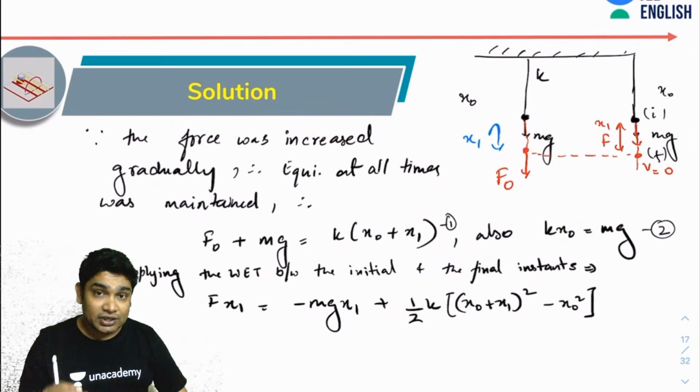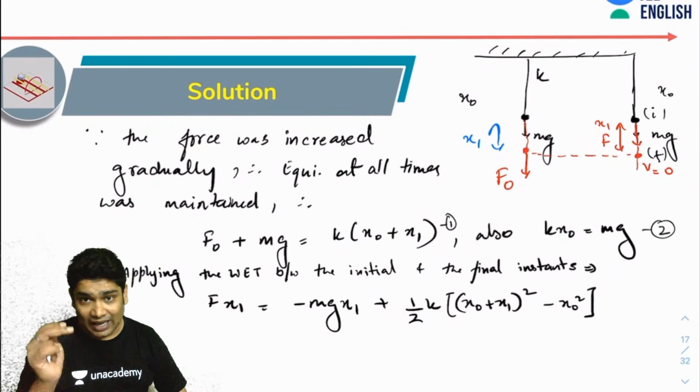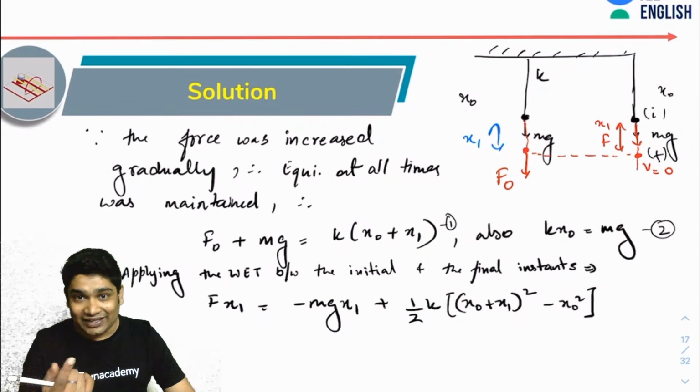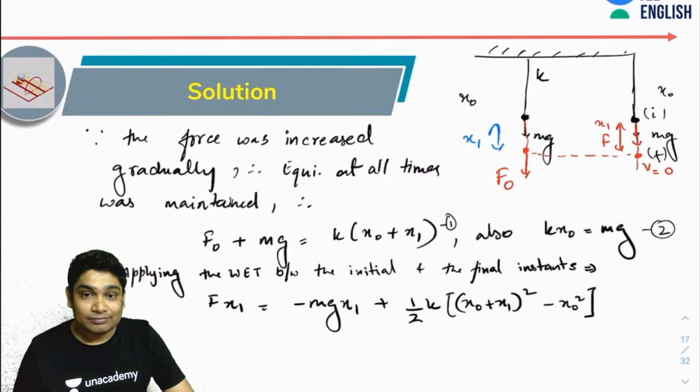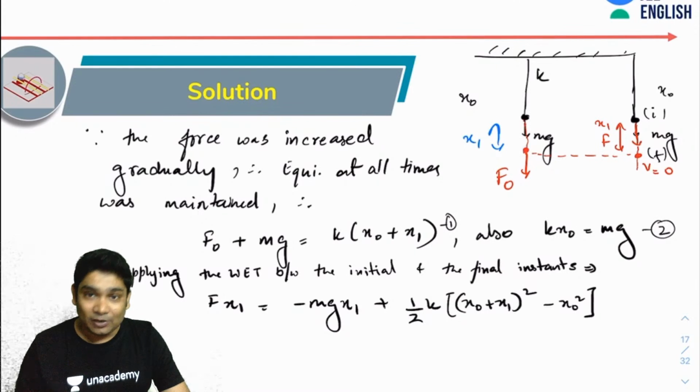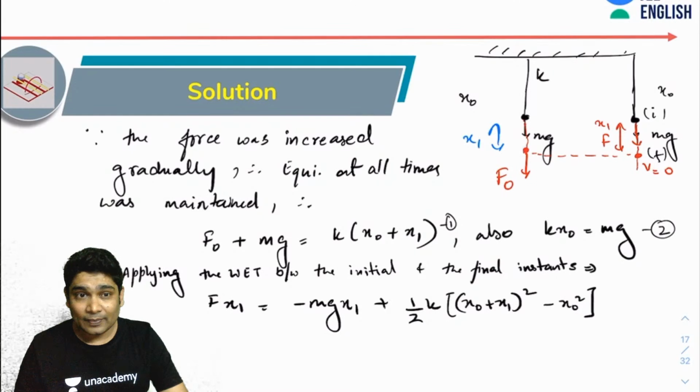The gravitational potential energy has reduced, and the stored energy in the spring or the string has become higher. Let me know if you're following this. Some active response would be really nice, because otherwise I'm just going on explaining and I don't even know if you guys are following this.